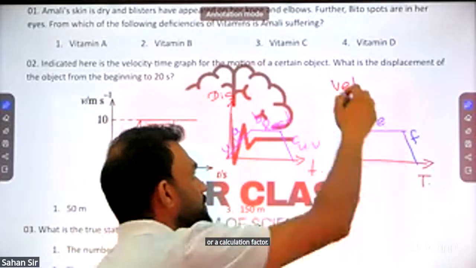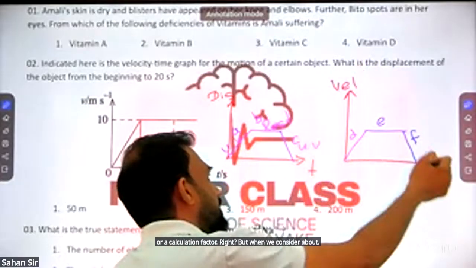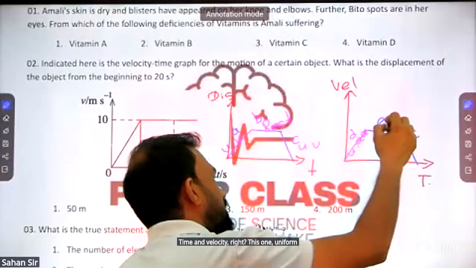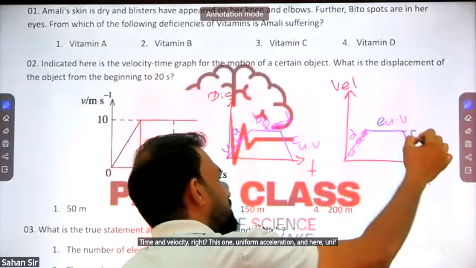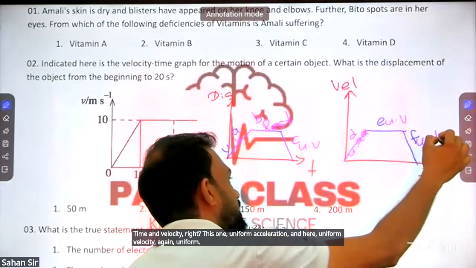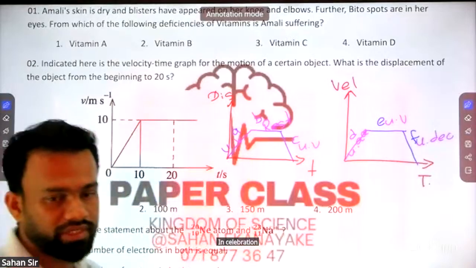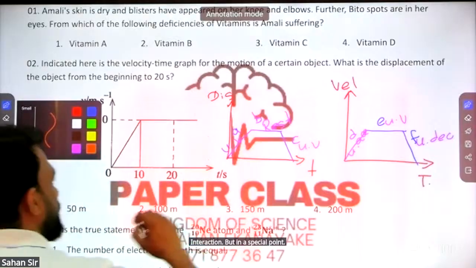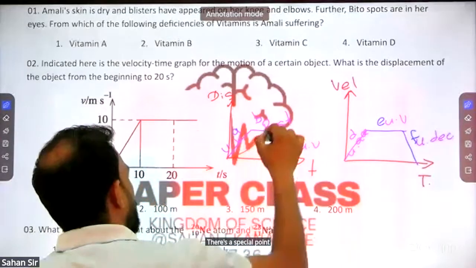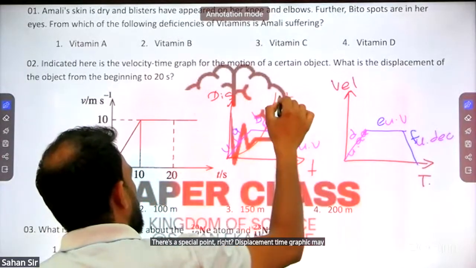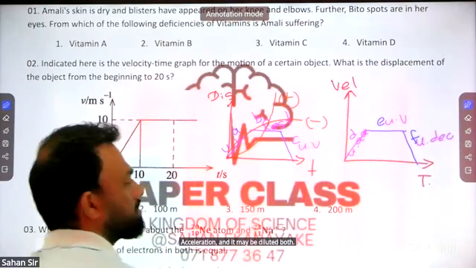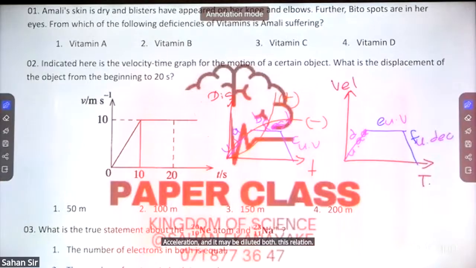But when we consider time and velocity, this one uniform acceleration, and here uniform velocity, again uniform deceleration.